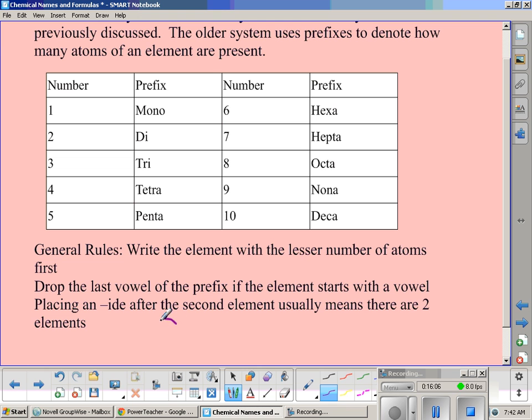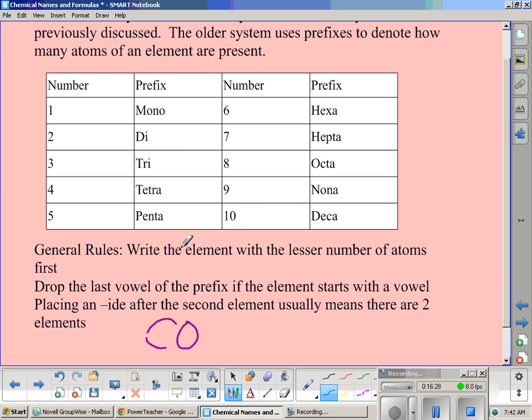Here's an example that would be familiar to you. Carbon and oxygen put together is carbon monoxide, right? So you've been doing this, monoxide. It wouldn't be monooxide because you dropped this vowel right here. So it's monoxide.